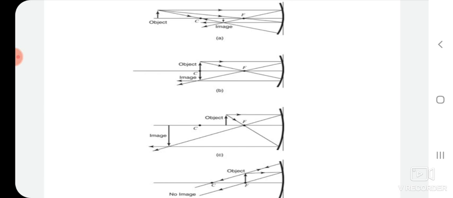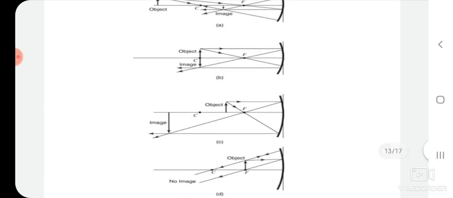Light traveling along the optical axis will reflect back along the axis. And if a point of the object is on the optical axis, the corresponding image point will also be on the optical axis. What does it mean?